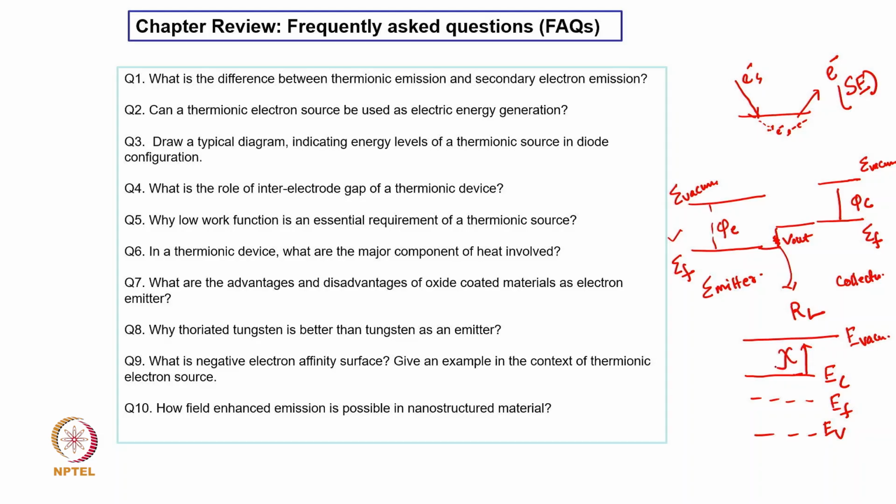Generally this difference is positive, the chi value is positive, but one can also shift the vacuum level below the conduction band. In that case, the chi value becomes negative, that is called a negative electron affinity surface, and therefore, the emission enhances.